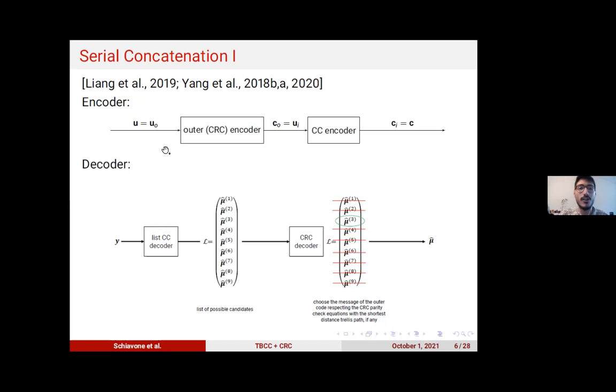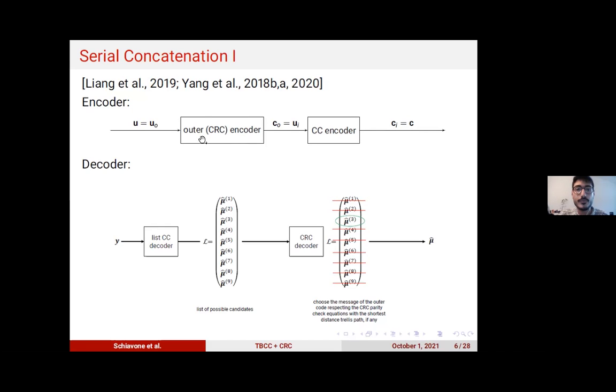The serial concatenation we have taken into exam is made of an outer code that is the cyclic redundancy check, and an inner encoder that is the convolutional encoder. So we have a message that is encoded via the cyclic redundancy check code. It produces another message that is the input of the convolutional encoder, which produces the final code word that we use.